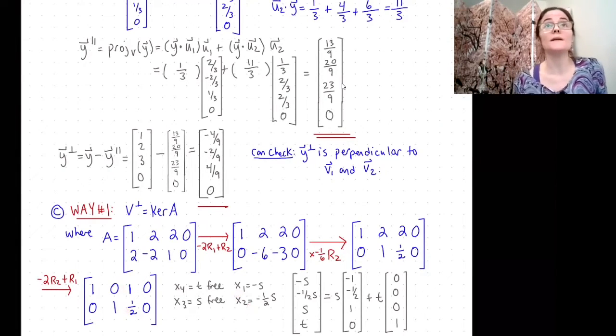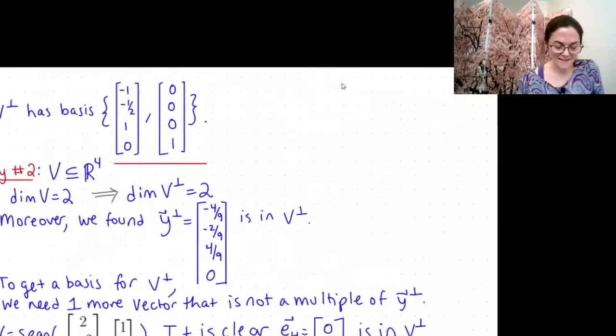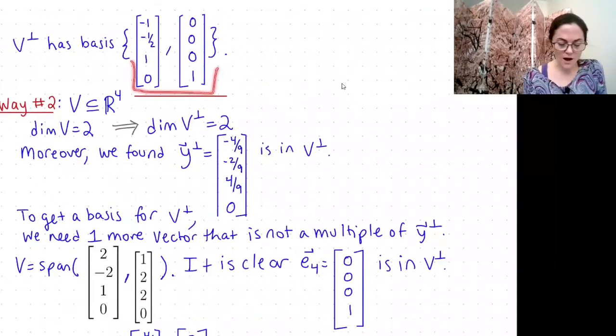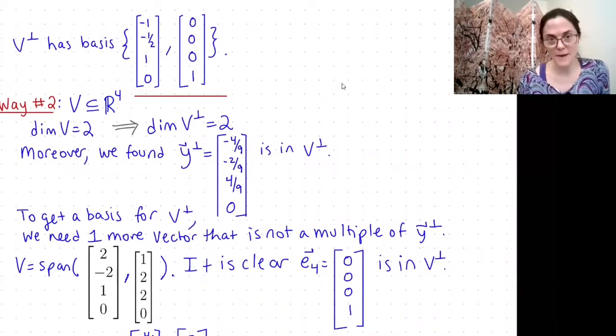And so just like we did in number 1, the very first problem on this review, this is a general element in the kernel of this matrix. And I can write it as a sum of s times this vector plus t times this vector. Okay? And then finally we pull those two vectors off for a basis.